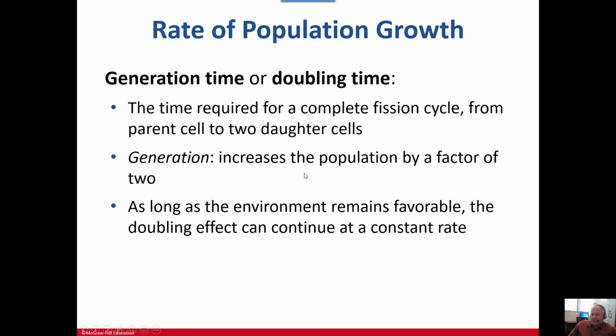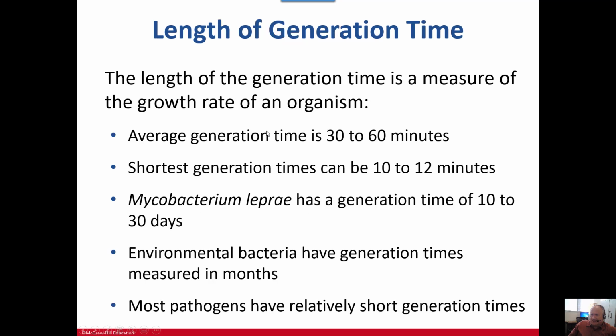And so a generation time is that time required to complete that process, and on average it's about 20 minutes or so, which you think about doubling every 20 minutes, that's pretty scary. Your book refers to 30 to 60 minutes, but as a general rule I've always been taught it's about 20 minutes. Shortest generation times are 10 to 12 minutes.